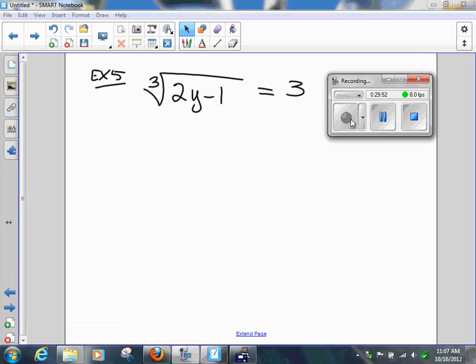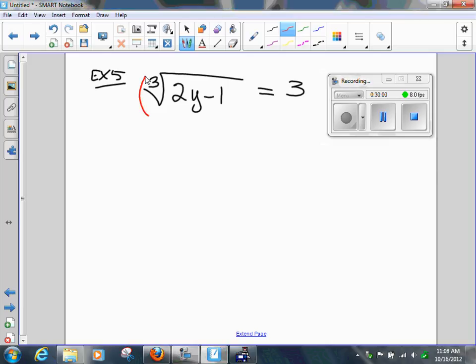Exactly. What you do to one side, you have to do the other, right? How many of you had 2y minus 1 equals 27? Good. Keep going.